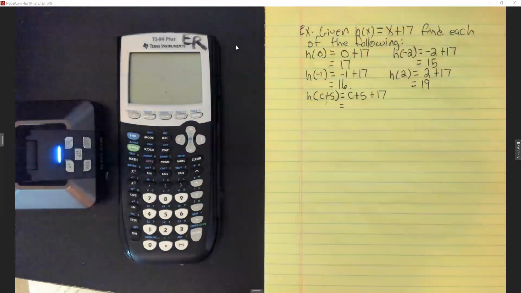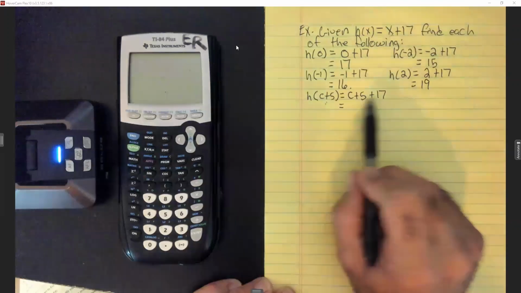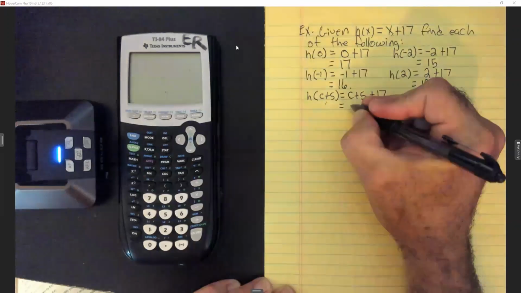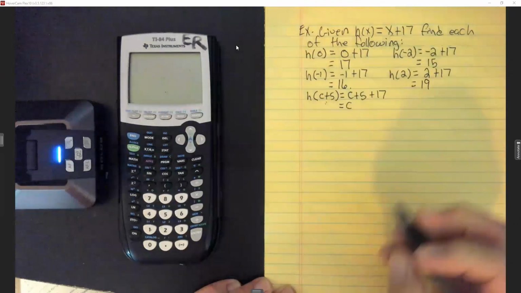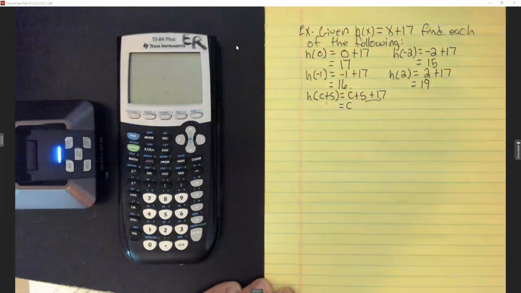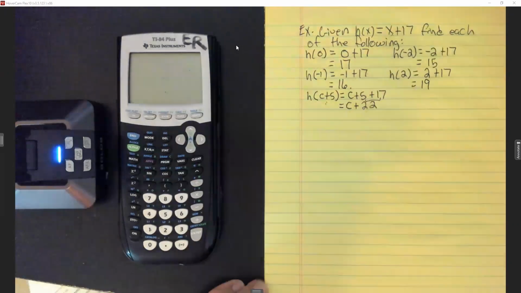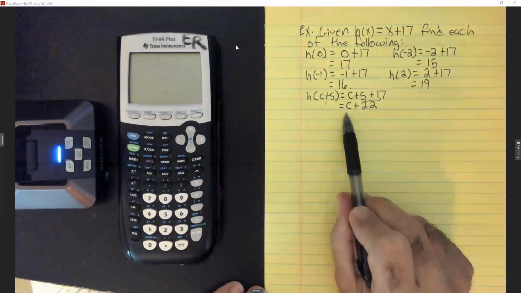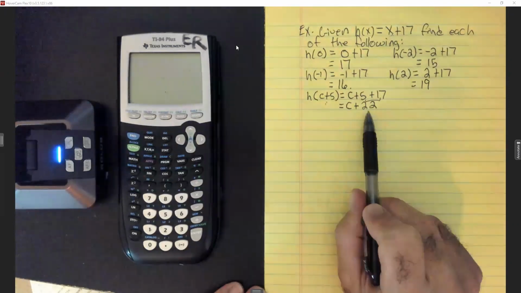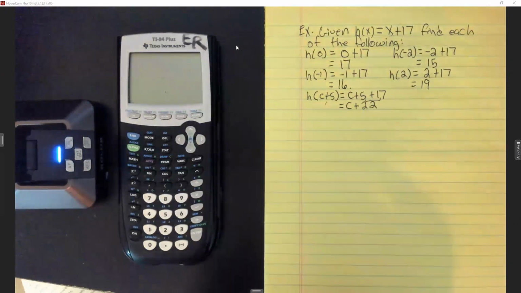Now, only thing I can do to this is add the like terms. So the c has no more c's, so bring it down. The like terms would be the 5 and the 17. Add those together, and I think we get, what, 22? So that final answer would be c plus 22. So they're going to hit you with variables on some of these, and just remember, you cannot add those variables to those numbers.